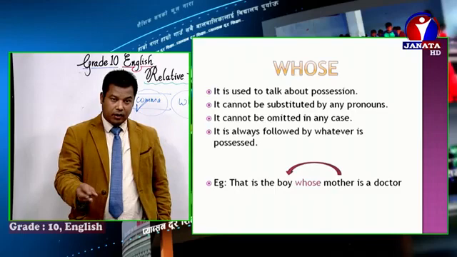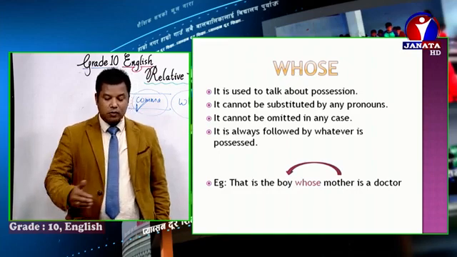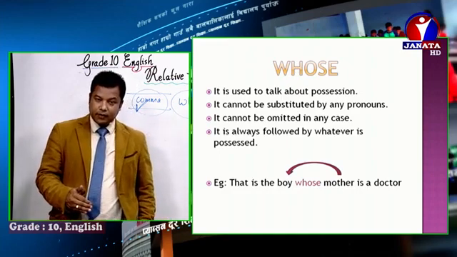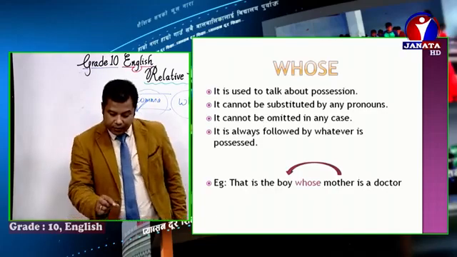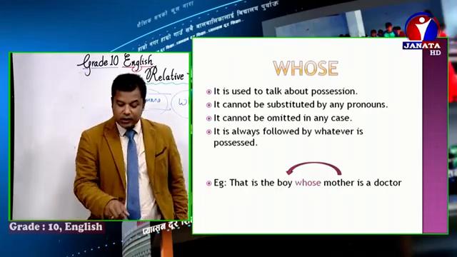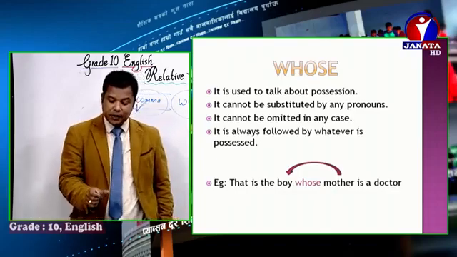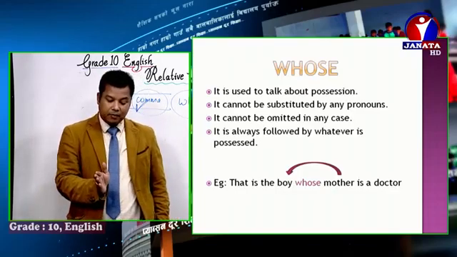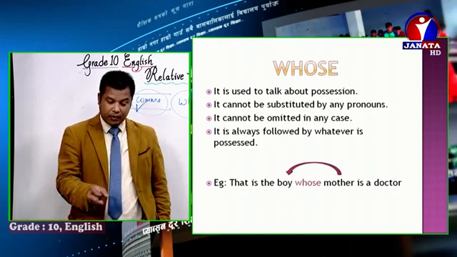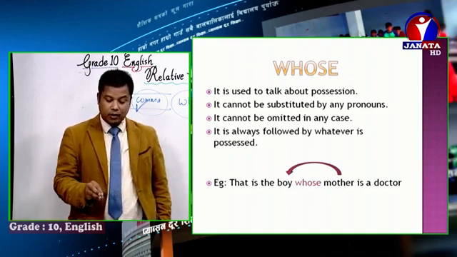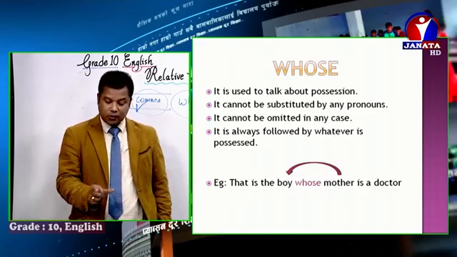She is the mother of the boy. That is the boy whose mother is a doctor. The last thing: it is always followed by whatever is possessed, and you can see those kept together, next to the relative word. Whose is a relative word, and the words they refer to are placed together.